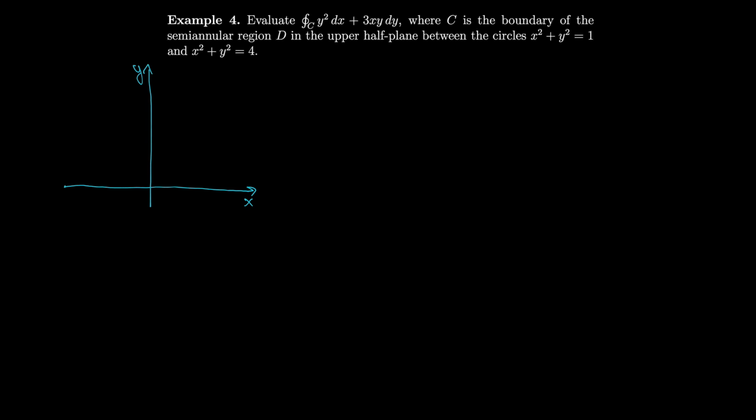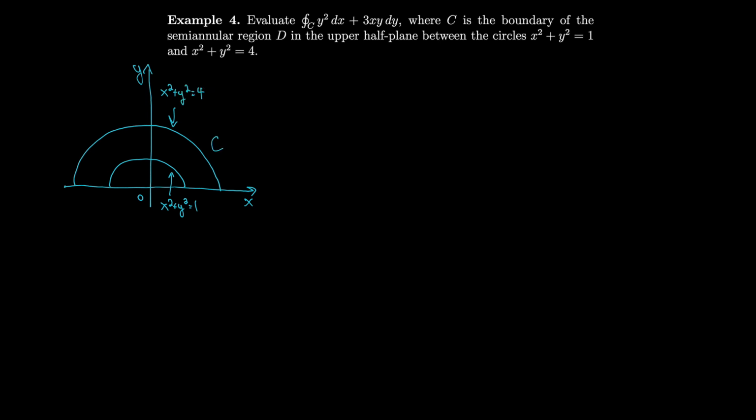So x squared plus y squared equals 1 is one of them. Something roughly like that. That's pretty bad. Semicircle, that's okay. And then x squared plus y squared equals 4, so this one has a radius of 2. Okay, and I should probably label them. So we'll call this guy x squared plus y squared equals 1, and we'll call this guy x squared plus y squared equals 4.